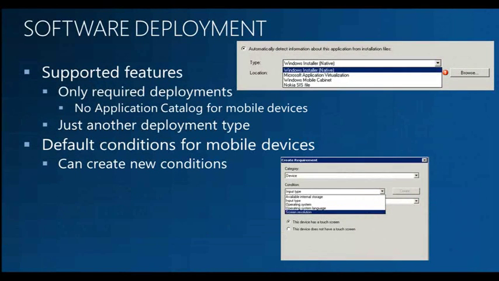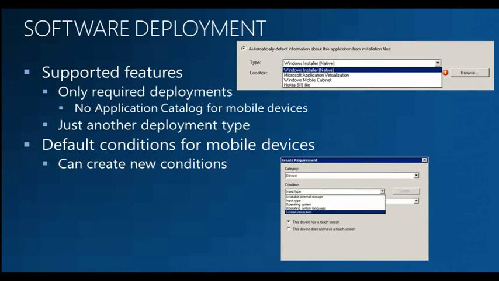Software deployment. So with software deployment, deployment of software for mobile devices is just another deployment type. Nothing special about that. And there is its own deployment type for Windows Mobile Cabinet and Nokia devices.